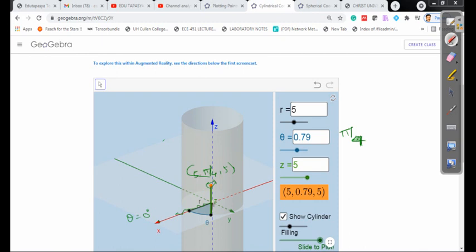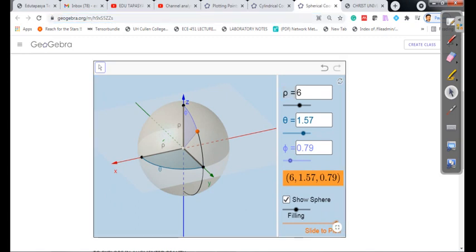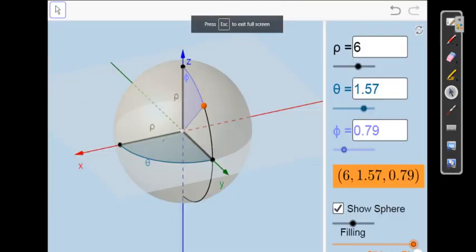Let's move on to the third coordinate system, which is the spherical coordinate system. I'll put it in full screen mode.